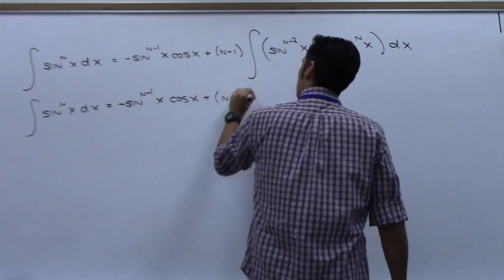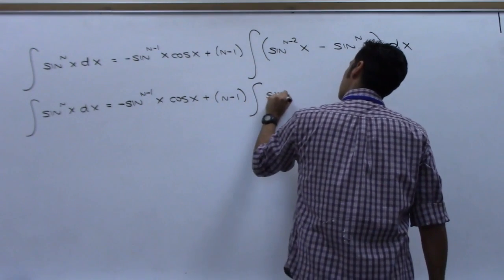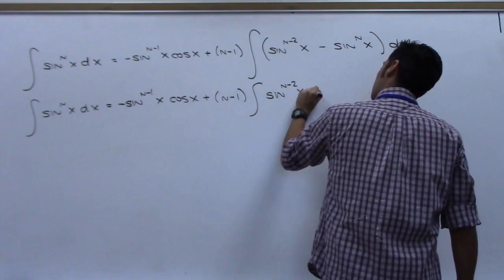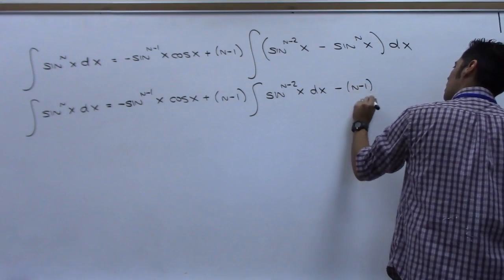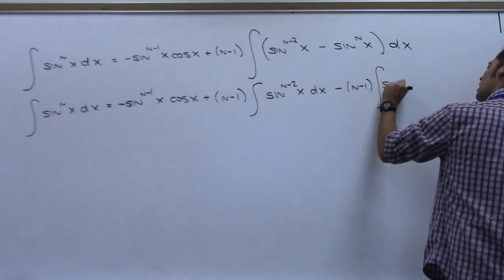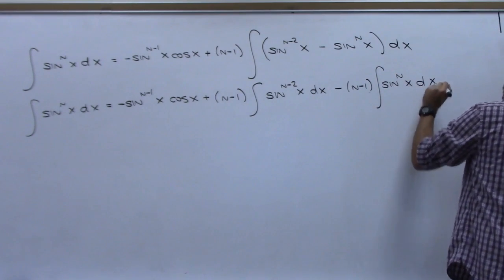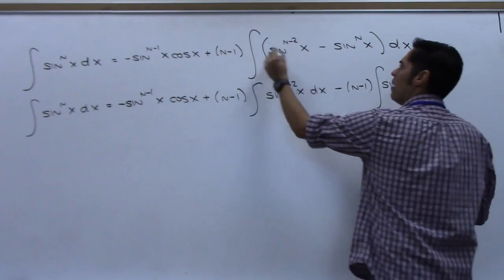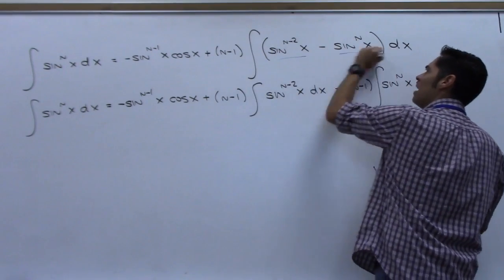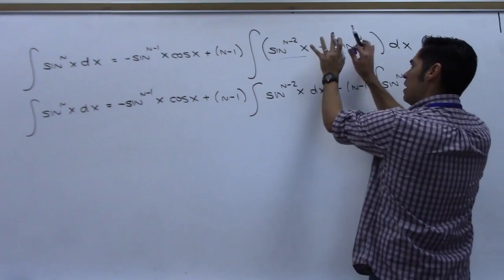n minus 1 integral sine to the n minus 2 x dx minus n minus 1 integral sine to the n x dx. So what I've done here is I've used the fact that if you have an integral of something minus something, you can split it into two integrals.